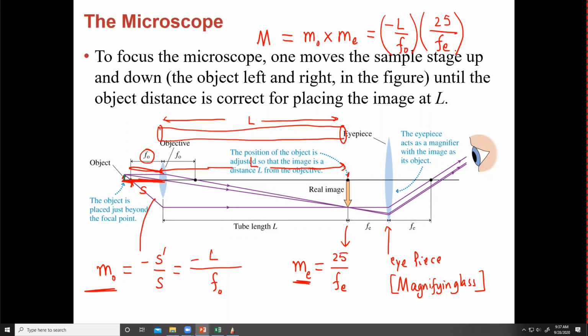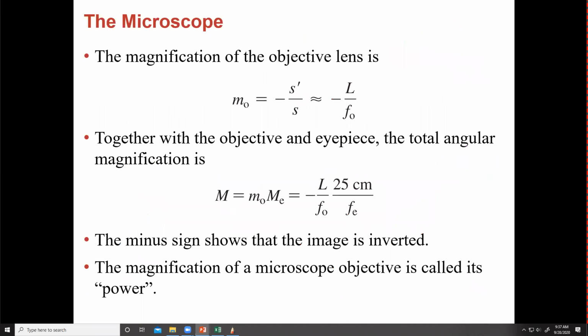So that gives us the total magnification, minus 25 L over F naught FE. Let's look at a problem application of this. Again, this is the magnification, and this minus sign shows that the final image is inverted.